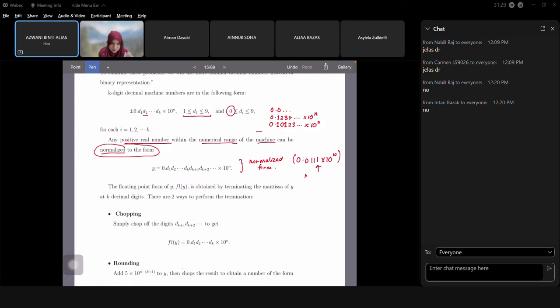This is not a normalized form disebabkan oleh D1, this is D1 cannot be 0. Jelas ya?